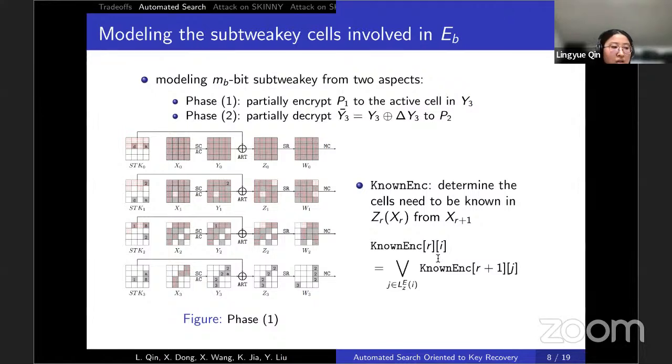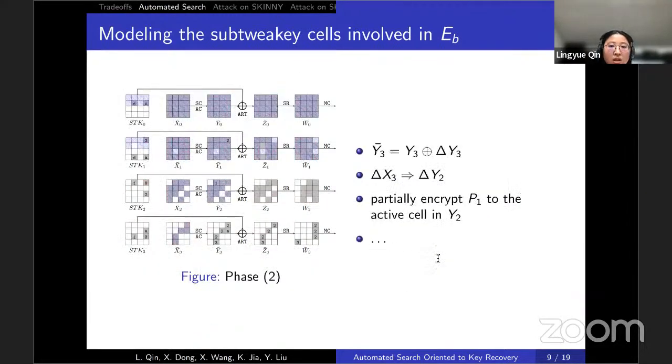In phase 1, in order to compute the active cells in Y3, we need to know the cells marked by red dots in X3. Then the cells that need to be known in Z2 can be deduced through the linear diffusion. In phase 2, we compute Y3 bar and then deduce delta X3 and delta Y2. Then the calculation from P2 to Y2 is similar to phase 1.